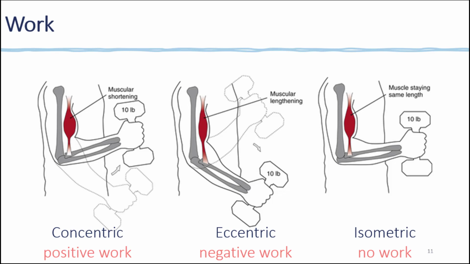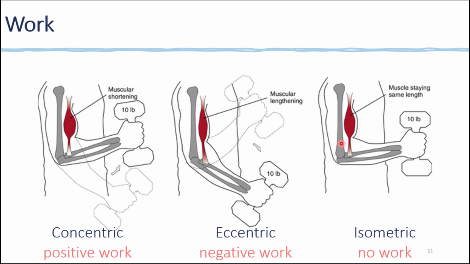So not all muscle contractions produce mechanical work. This would occur when a muscle contracts and its points of attachment don't move relative to each other. So the displacement at the point of muscle attachment is 0. The length of the muscle remains unchanged, and the muscle contraction is what we call an isometric contraction.